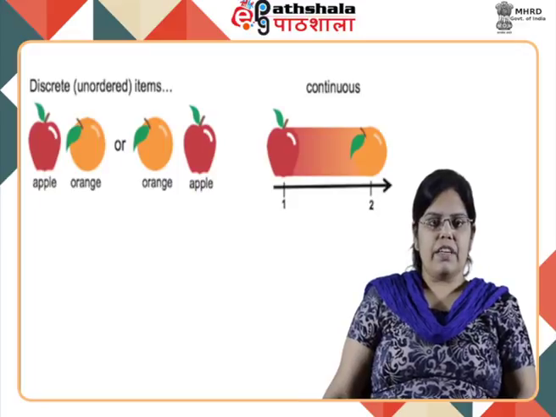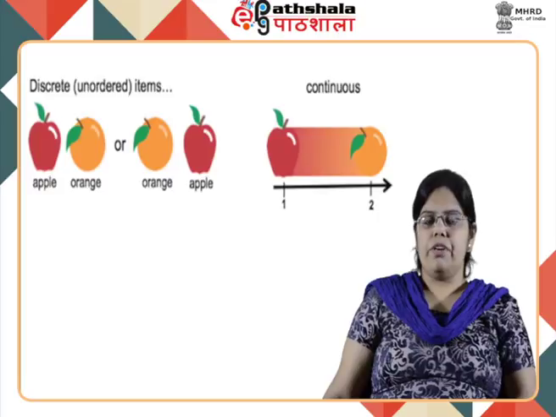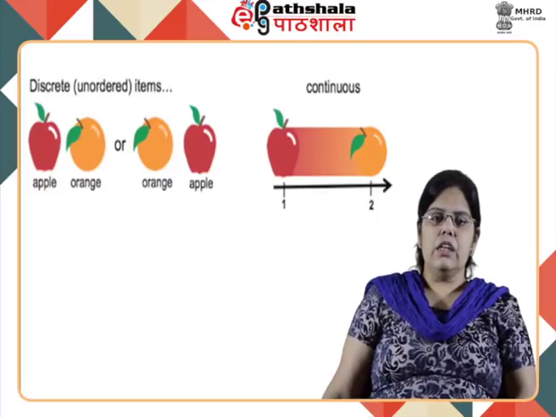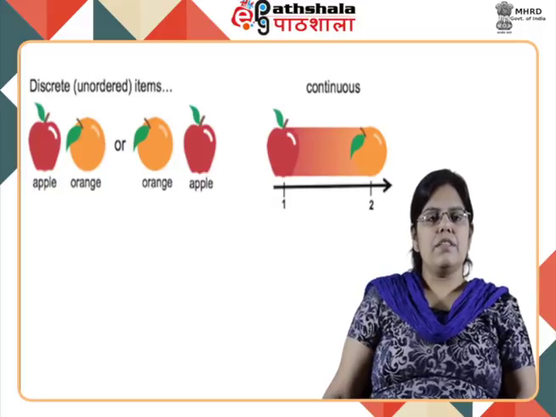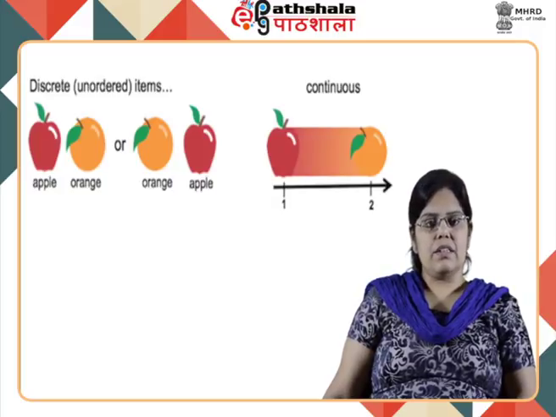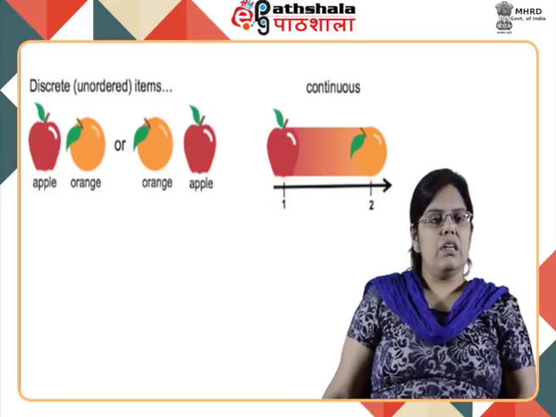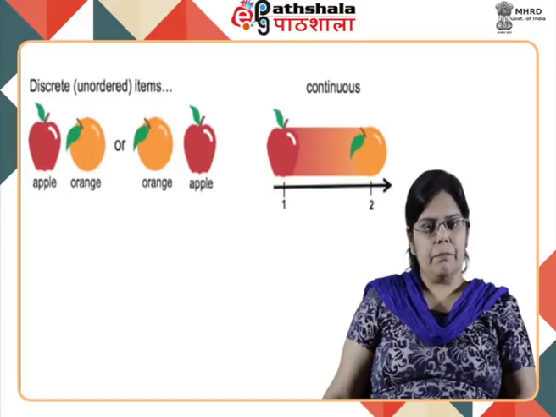One way of classifying scale is to label it on the basis of type of variable considered for the study. A scale used to measure a continuous variable is known as continuous scale, whereas a scale used to measure a discrete variable is called a discrete scale.